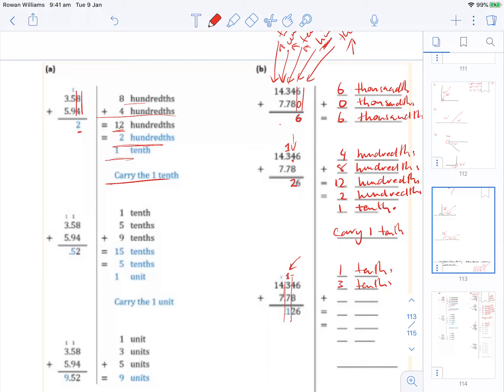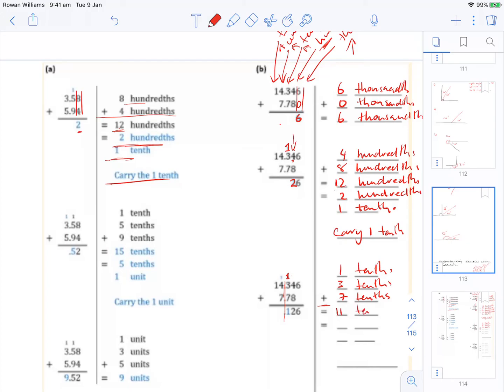My third number is 7, so I've got 7 tenths. That's all the things I'm adding together: this number here, this number here, and this number here. And what does all that equal? Well, 1 plus 3 plus 7 equals 11 tenths.